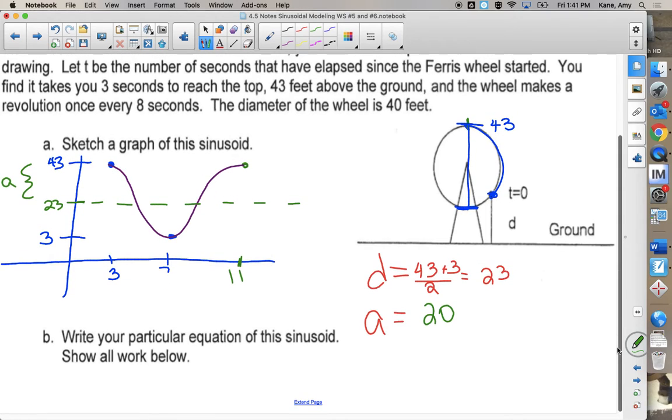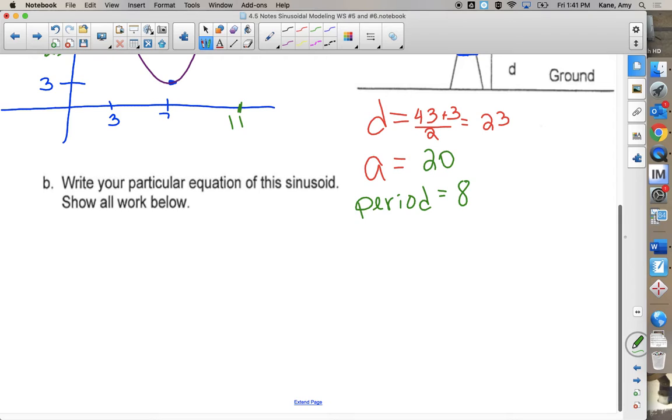And then the last thing that we need is our period, and how long does it take to go around the whole circle? From your starting point to then back to that starting point. How long did it say it took? 8 seconds. So if we know that our period is equal to 2 pi over b, b should be pi over 4.